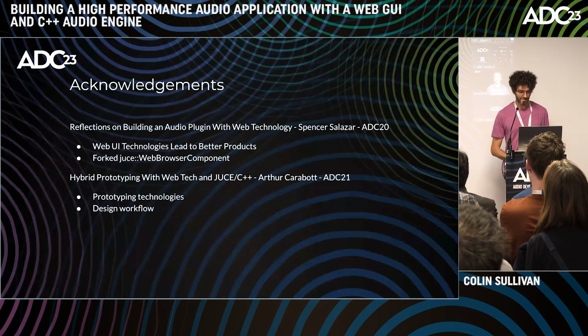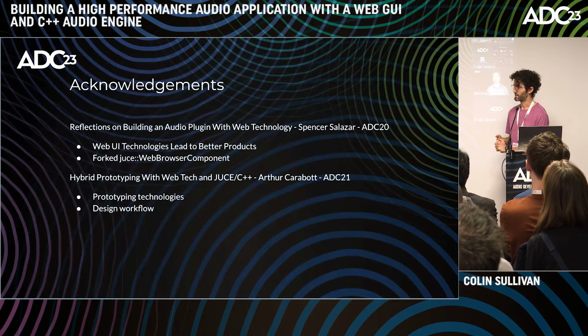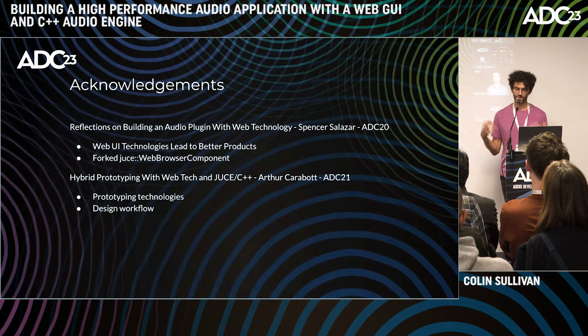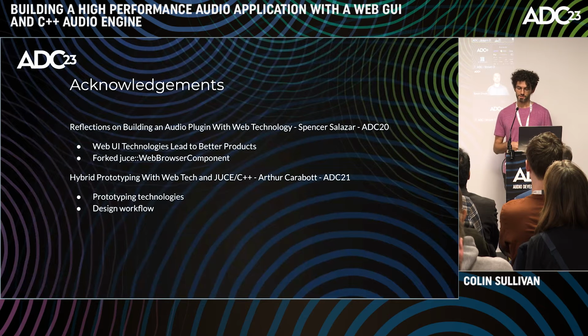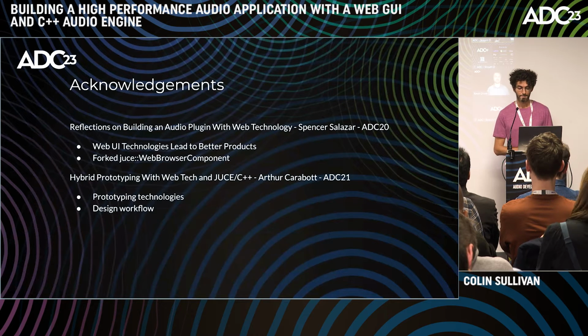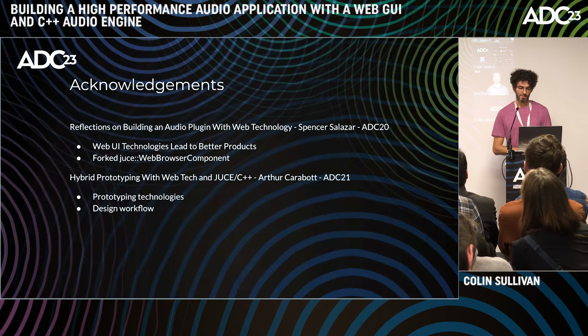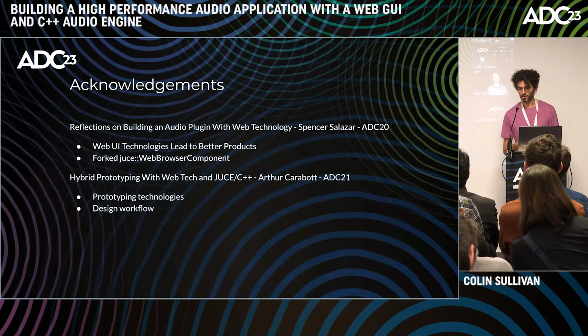So first, some acknowledgements of our colleagues. In 2020, Spencer showed the foundation of all the work we're speaking of today. In that talk, Spencer sets up a lot of the motivations for this work, including why we're doing web UIs in general. And it seems to be leading to better products in short.